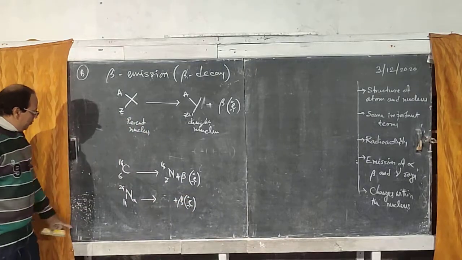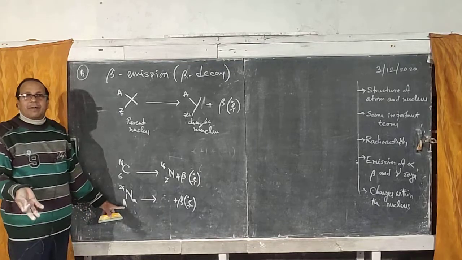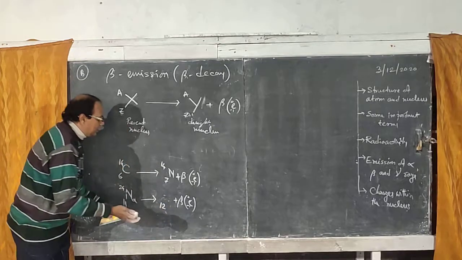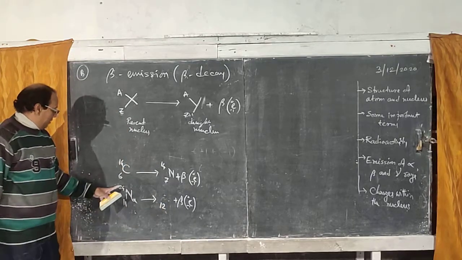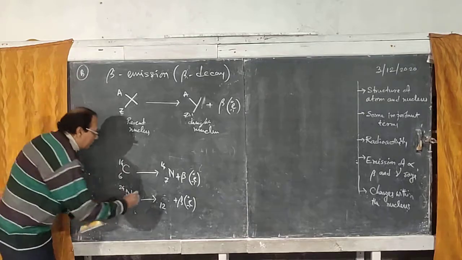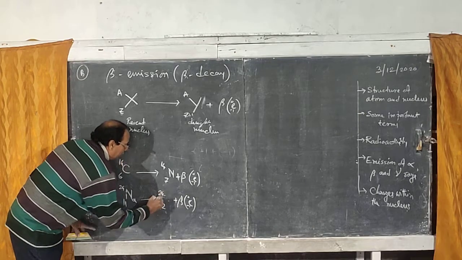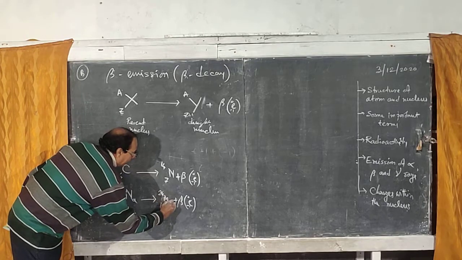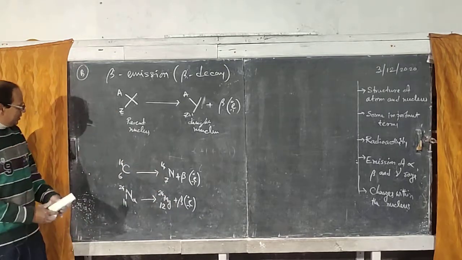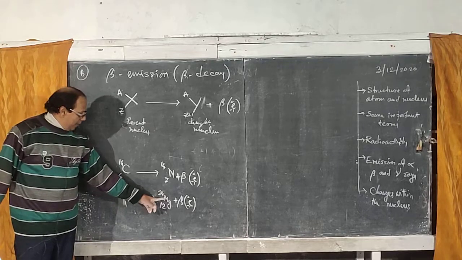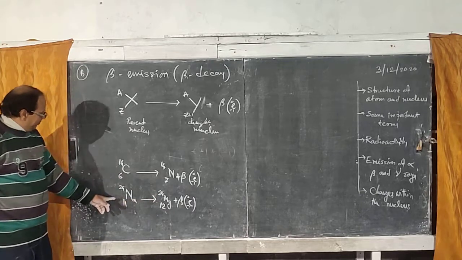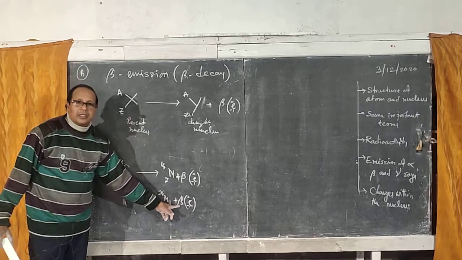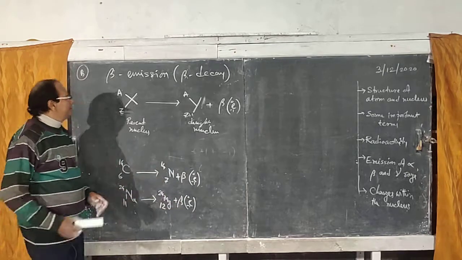So here the atomic number is increased by 1, becomes 12, and the mass number remains the same, 24. Can you guess what it is? Yes, it is magnesium, with mass number 24 and atomic number 12. So we can say sodium becomes magnesium when it gives out one beta particle.